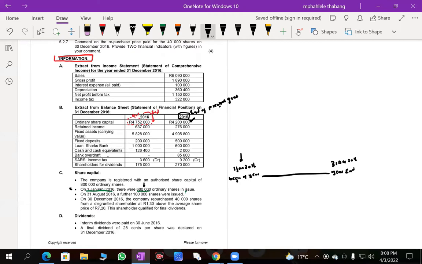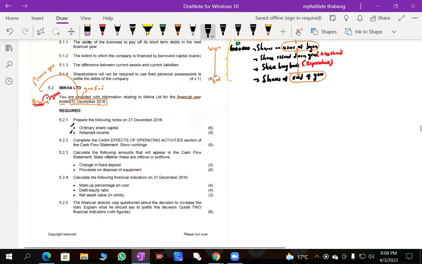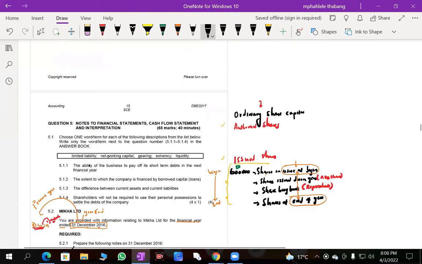It's very important to look at the previous year, the information at the beginning of our current financial period. So you are right when you say the value of those shares at the beginning is 4,200,000. I agree with you. 4,200,000 in value.